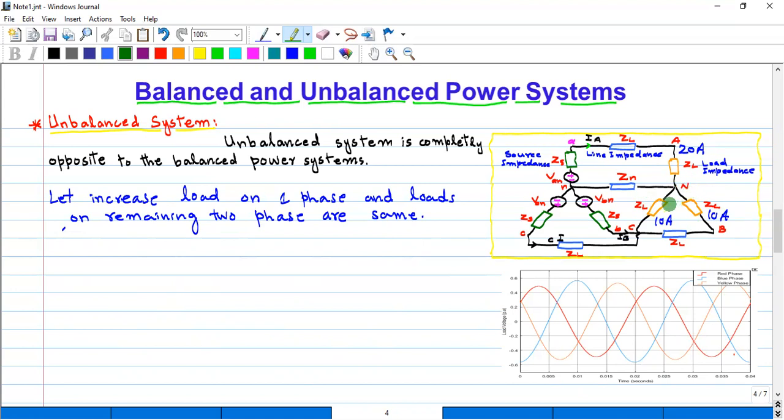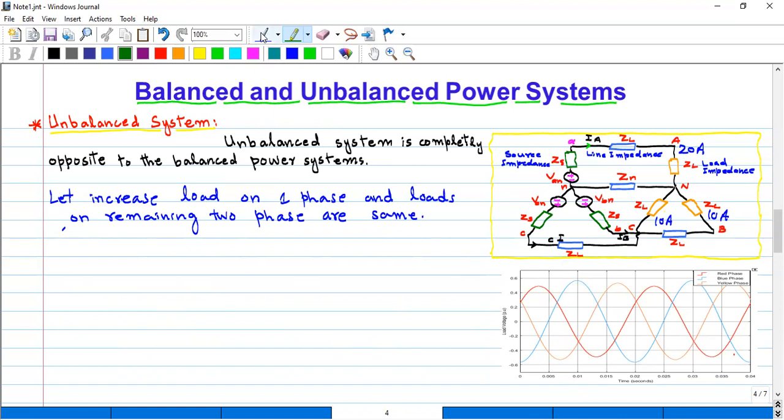So when we increase the load on one phase, the value of the current will increase, and this will create unbalance in the power system. Due to this, the waveform will distort, as you can see here in this figure. The peak value of one phase is more as compared to the other two phases. So due to unbalanced load, there will be distortion in the waveforms.